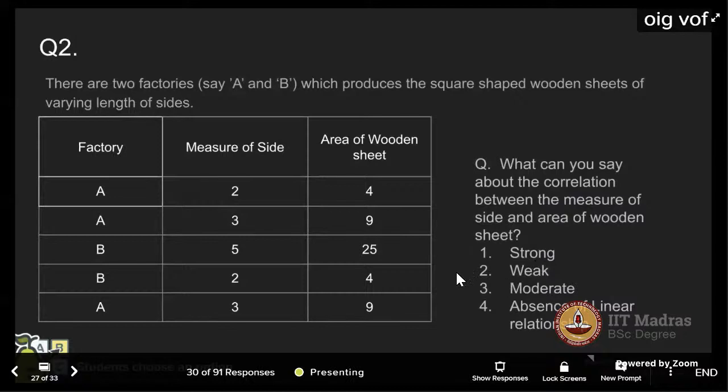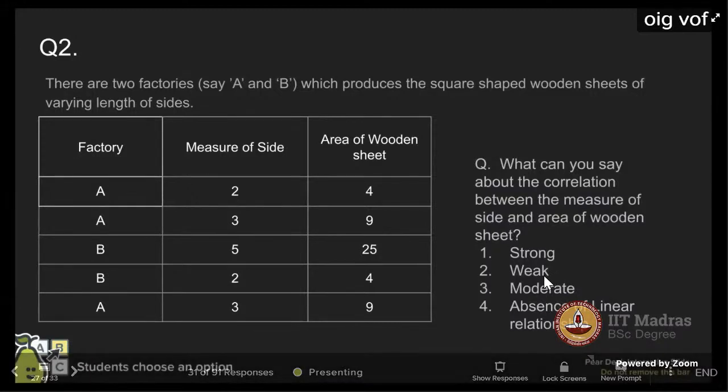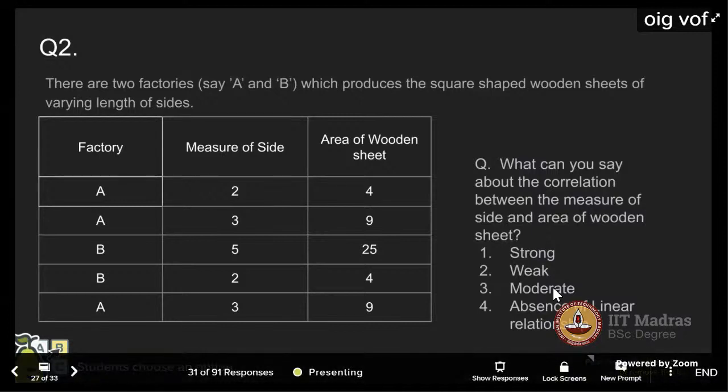And 0 to 0.25, we say absence of linear relationship.